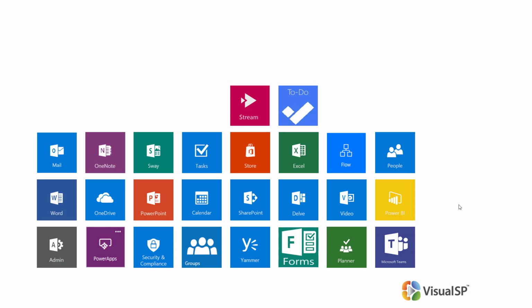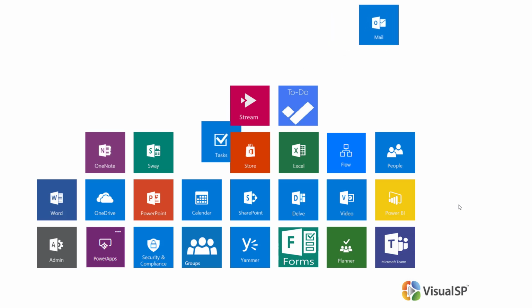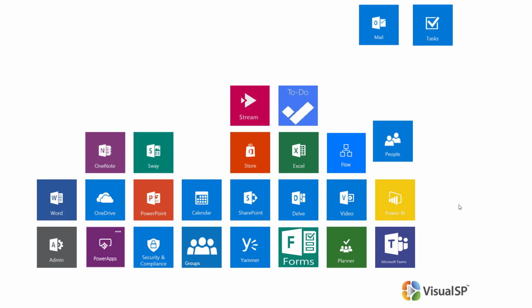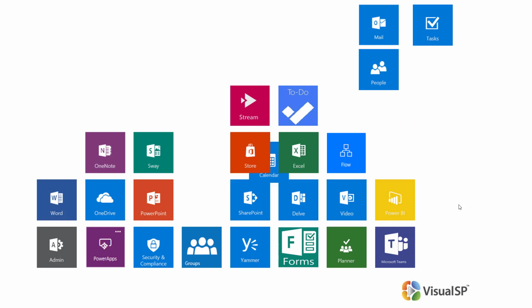We'll start by taking away the top banner. Then I'll take mail, tasks, people, calendar, and call this group Outlook. Okay, that's how we do Outlook, right?